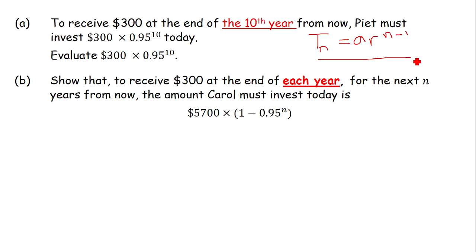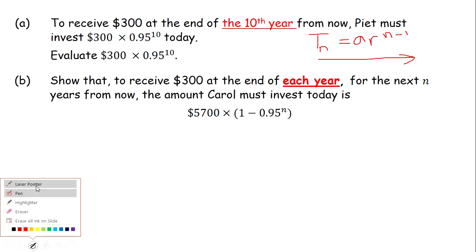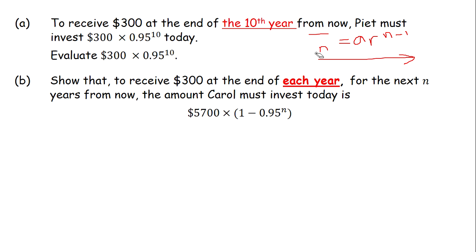I don't know if you're used to this formula. This particular formula allows us to find the nth term. In this case, how much must he invest today in order for him to get the 300? But anyway, let's not use that formula. We'll get back to break it down in a proper way.